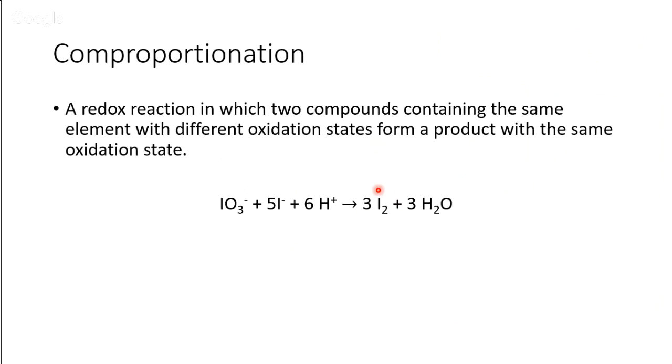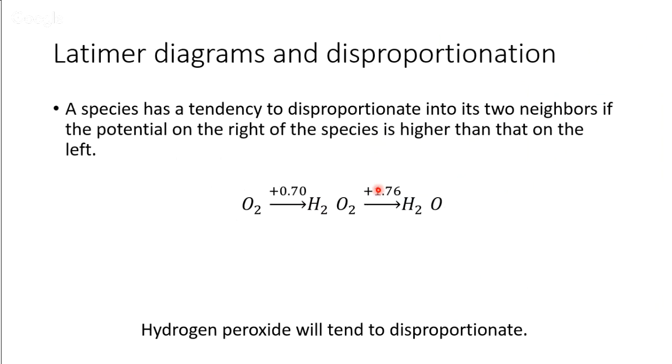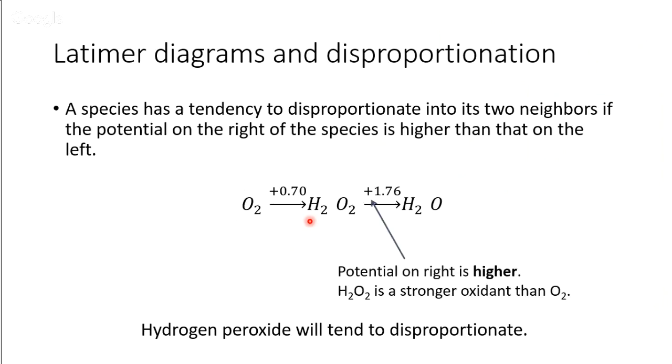Okay, so in a Latimer diagram, a species has a tendency to disproportionate into its two neighbors. So we're looking at hydrogen peroxide here. It will disproportionate if the potential on the right of the species is higher than that on the left. So the potential on the right here is higher: 0.7 on the left, and I have 1.76 on the right.